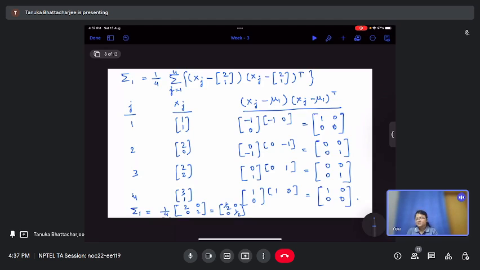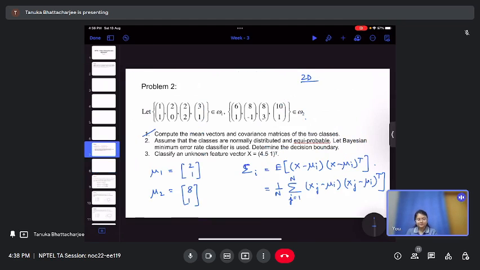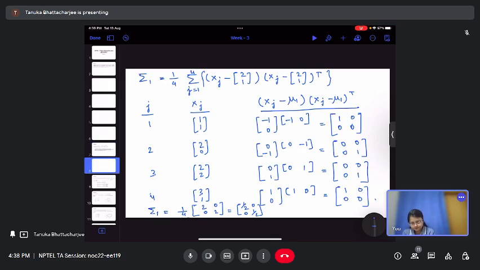Okay. Similarly, we now have to compute the covariance matrix of the second class. For the second class, we have already computed the mean as (8, 1), and the 4 samples that we have are (6, 1), (8, -1), (8, 3) and (10, 1).